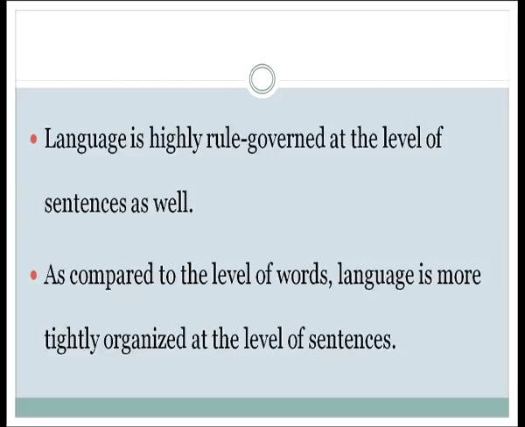At the level of words, it is not that tightly organized, but at the level of sentences, language is more tightly organized. I should know where the subject will come, where the predicate will come, how this fits together and makes a meaningful sentence. The rules of sentence construction are very tight.